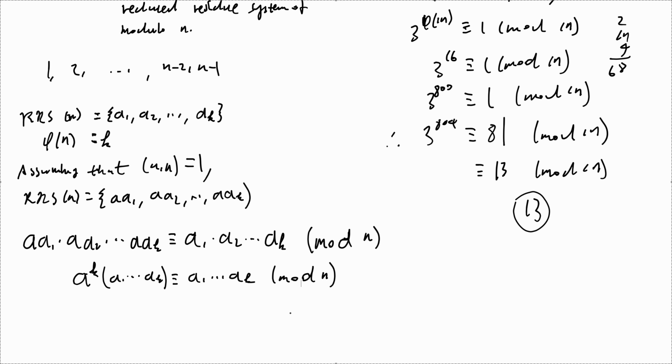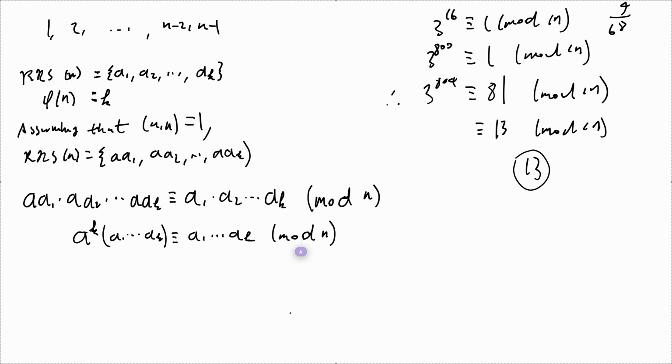Now remember, we define a sub i as the elements in the reduced residue system of modulo n. That means those numbers, a sub i and n, are co-prime to each other. Therefore, a to the power of k is congruent to 1 mod n. And what was k?